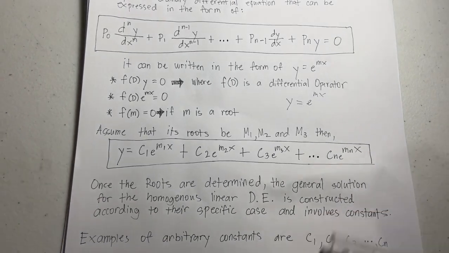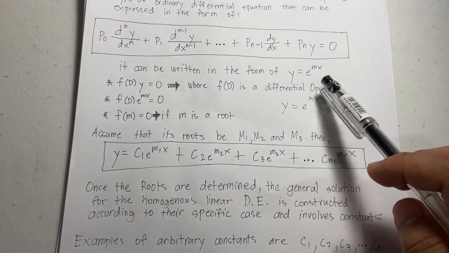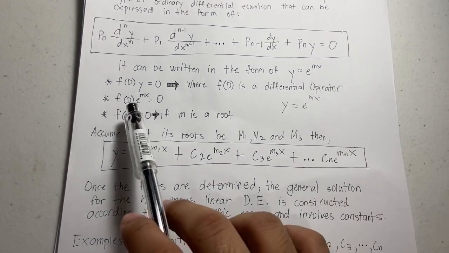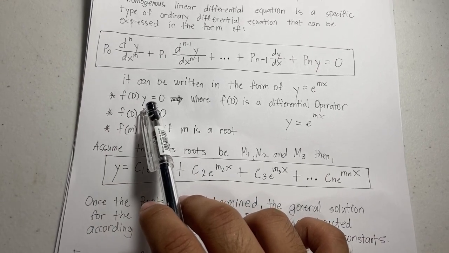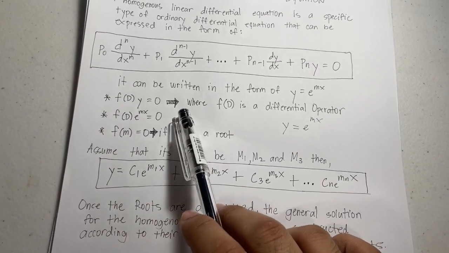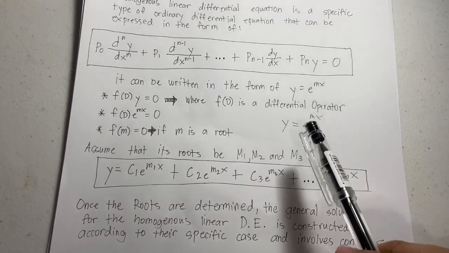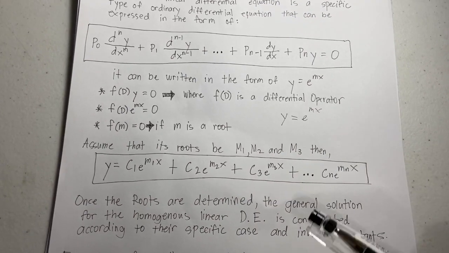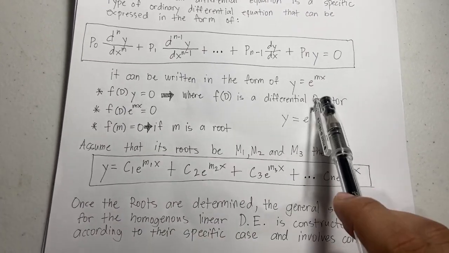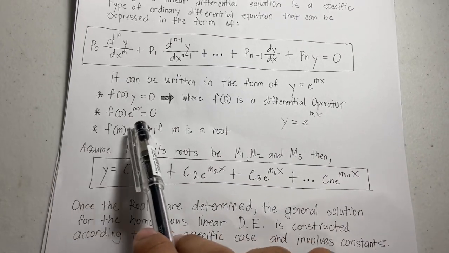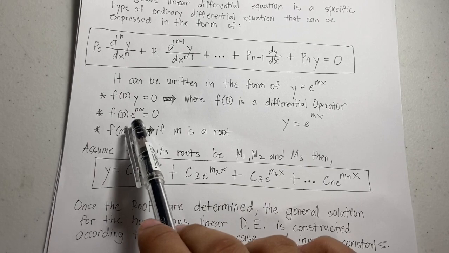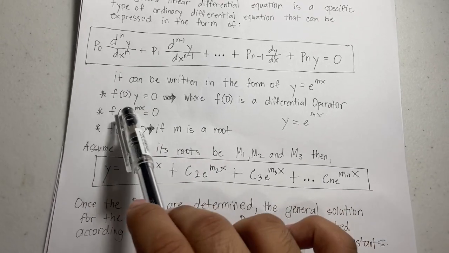It can be written in the form f(D)y equals 0, where f(D) is a differential operator. Since our y is equal to e^(mx), it can also be written in this form.